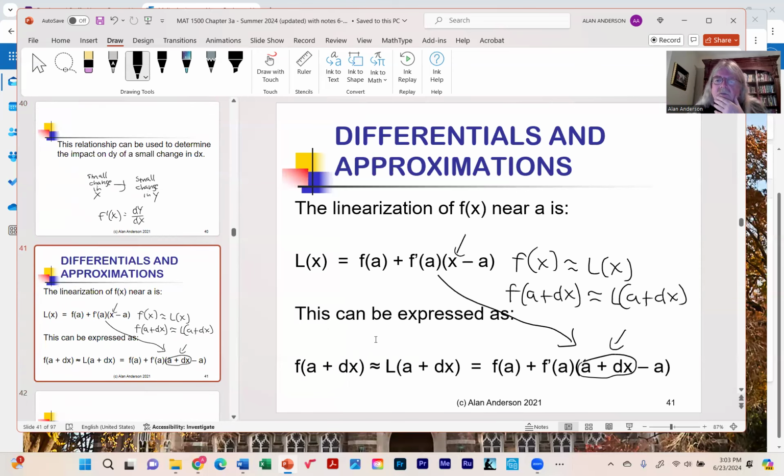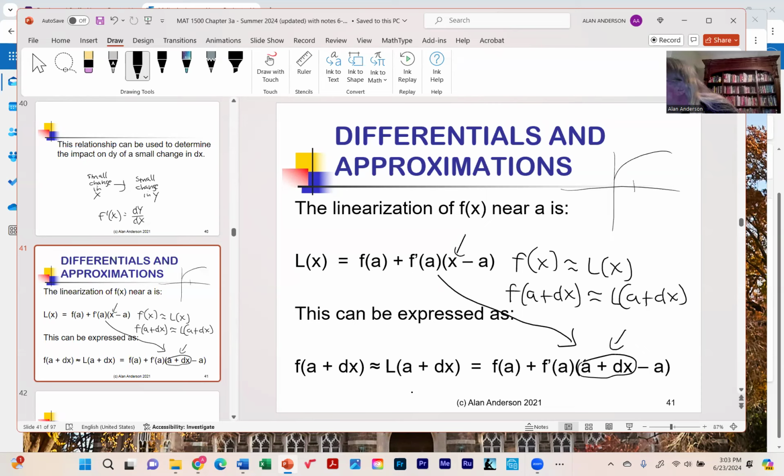Well, here's what we're going to do. We're going to assume that the difference between x and a is really, really small. So in other words, when we're drawing all those diagrams, this is a.